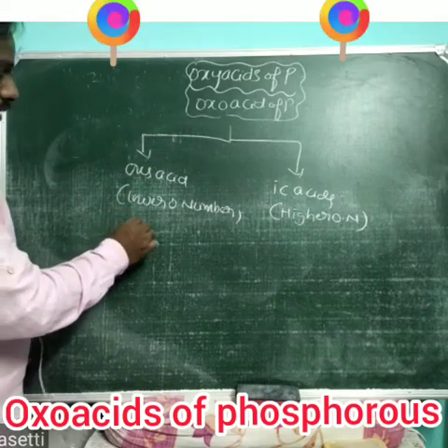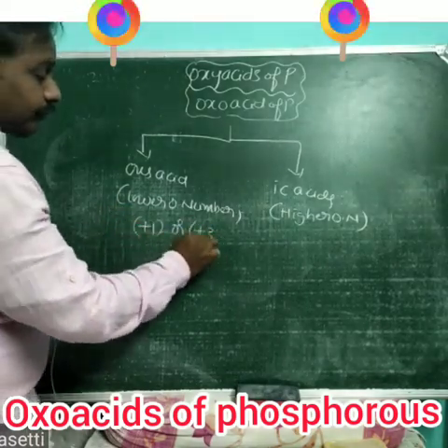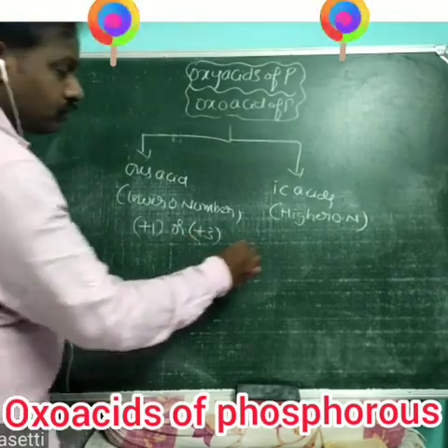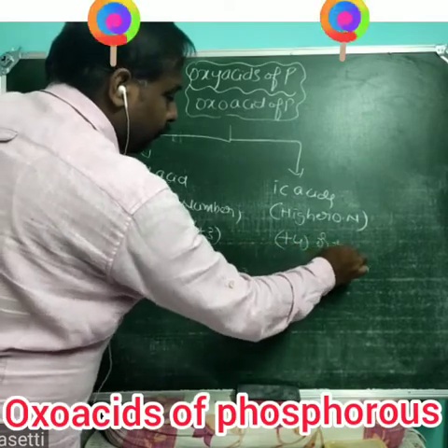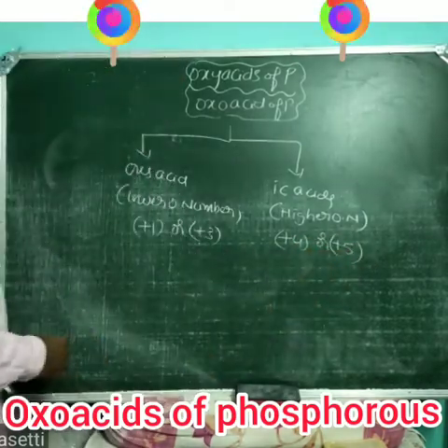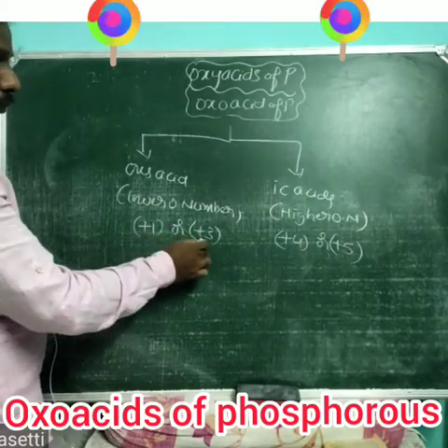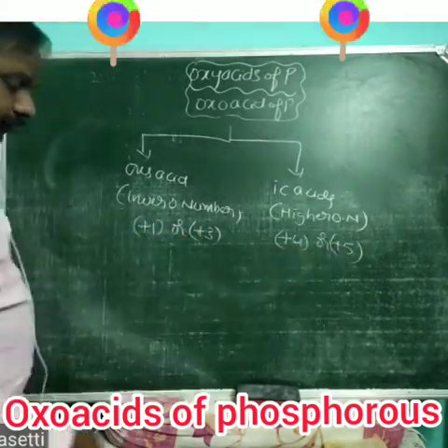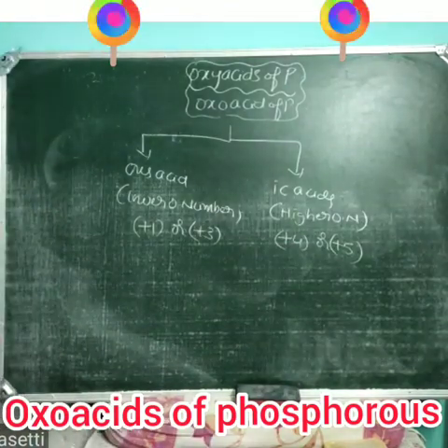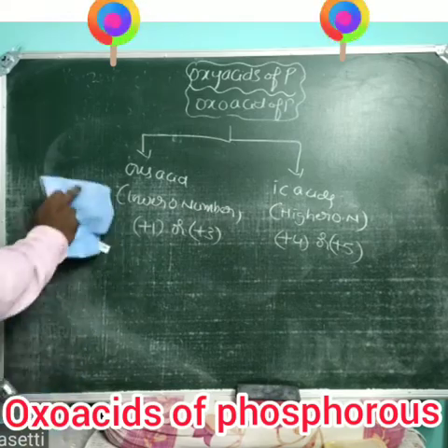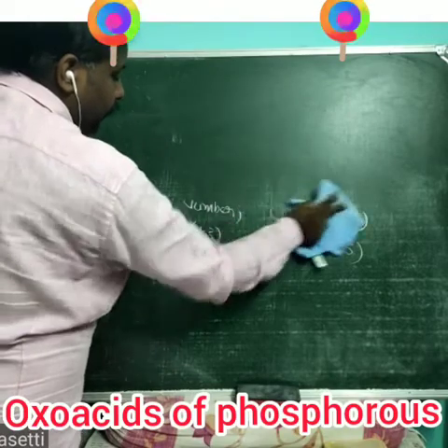Generally, in ous acids, the oxidation state is either +1 or +3. In ic acids, the oxidation state of phosphorus is either +4 or +5. Let us see first the ous acids, after that we will go to the ic acids.